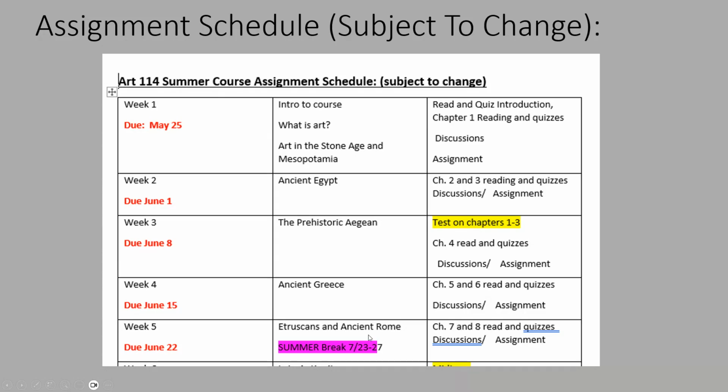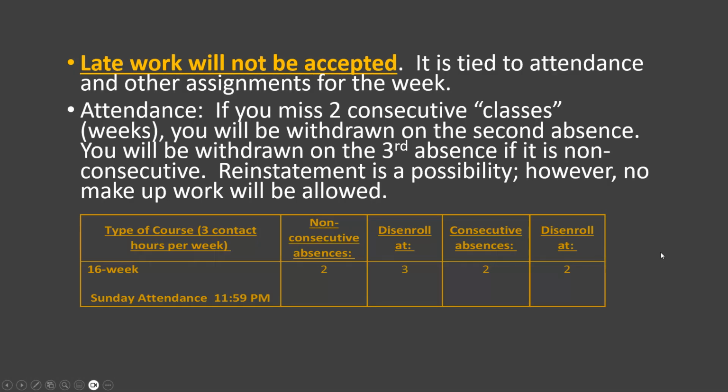If you need to plan things again, you can always work ahead, and we do have a summer break scheduled at the college. So, say you work way ahead, you could very well take 2 weeks off. So, plan your time. Again, you can work ahead, but you cannot work behind, okay?